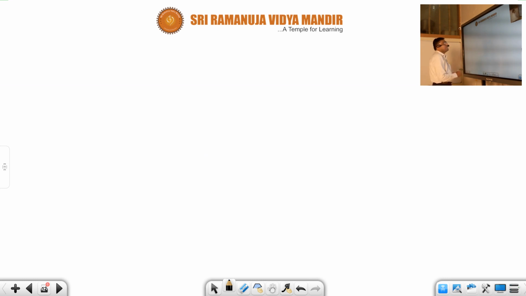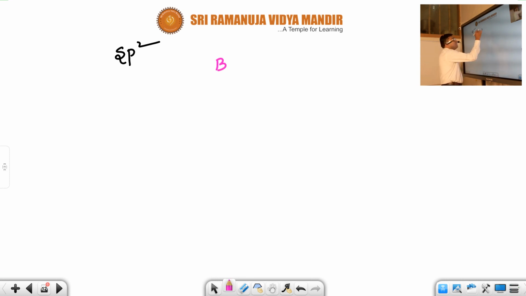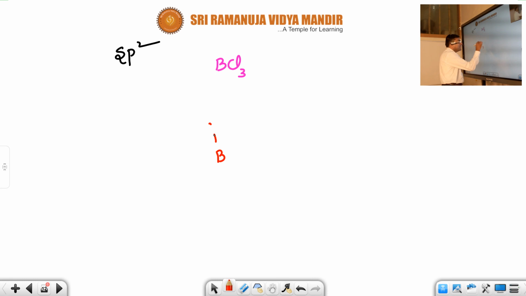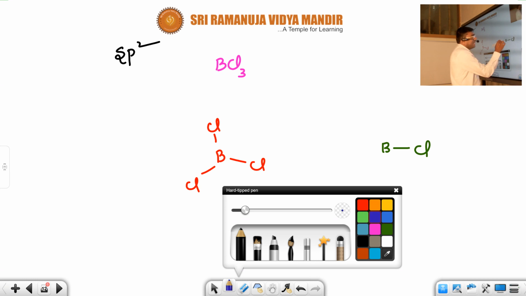Students, but have a look here. Let us take sp2 hybridization. In sp2 hybridization, let us take the example of BCl3. Well, BCl3 is basically a trigonal planar system. Do you agree or not? If you see the individual bond moment, B and Cl, there exists a dipole.